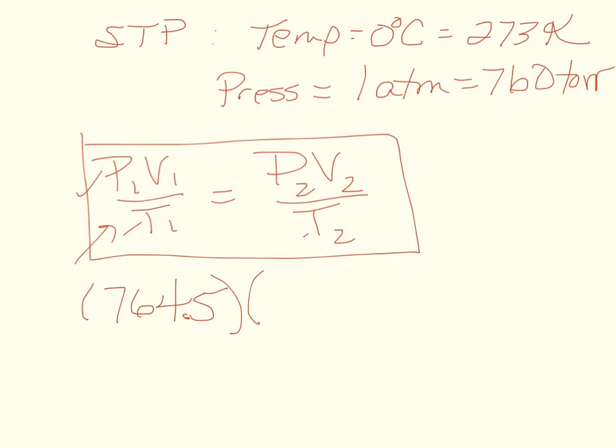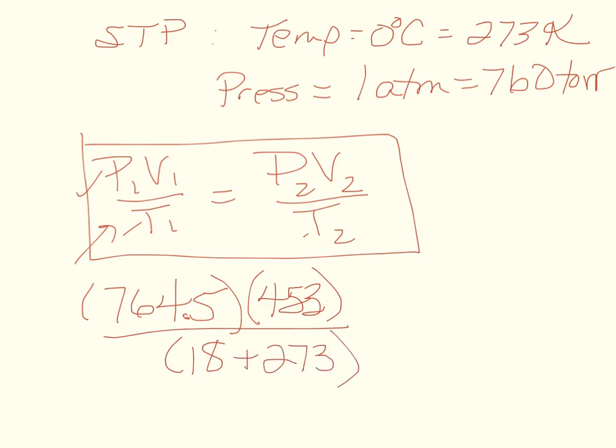The volume, now we're going to assume that the volume of the wet gas is identical to the volume of the dry gas. And so V1 is 453 milliliters. And T1 was 18 degrees Celsius, so we need to convert that to Kelvin.